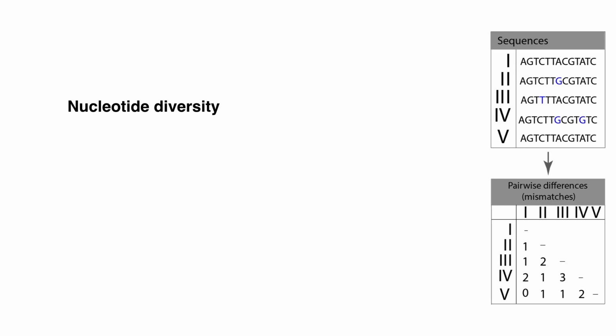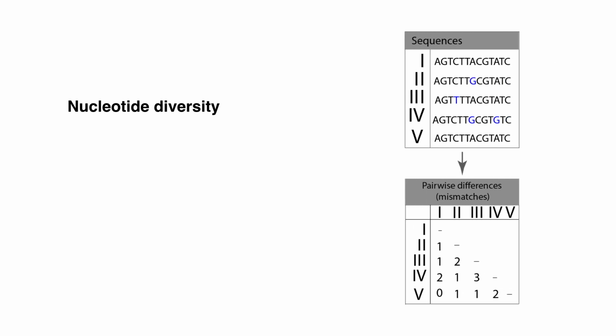The next descriptive method is nucleotide diversity, or pi. Nucleotide diversity describes the probability that two copies of the same nucleotide drawn at random from a set of sequences will be different from each other.